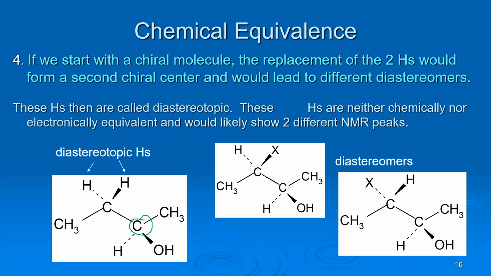Well, if I replace this hydrogen with an X or this hydrogen with an X, we actually end up with diastereomers, because this chiral center over here hasn't changed at all, but these carbons are mirror images of each other, but this center has stayed the same, so that's why they're diastereomers. So these hydrogens are called diastereotopic hydrogens, and they are neither chemically nor electronically equivalent, so they would give rise to 2 peaks.